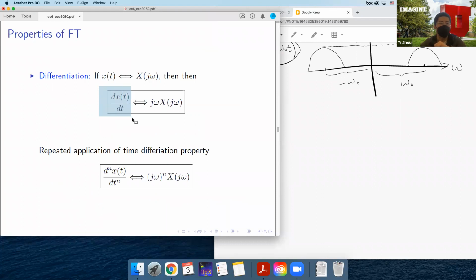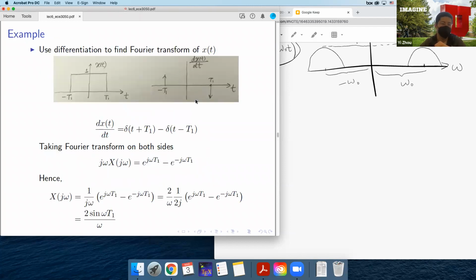The Fourier transform of this derivative signal is basically the spectrum of x(t) multiplied by j omega. And this capital X is what we are looking for. Capital X is the spectrum of x(t). So we want to find the Fourier transform of x(t).